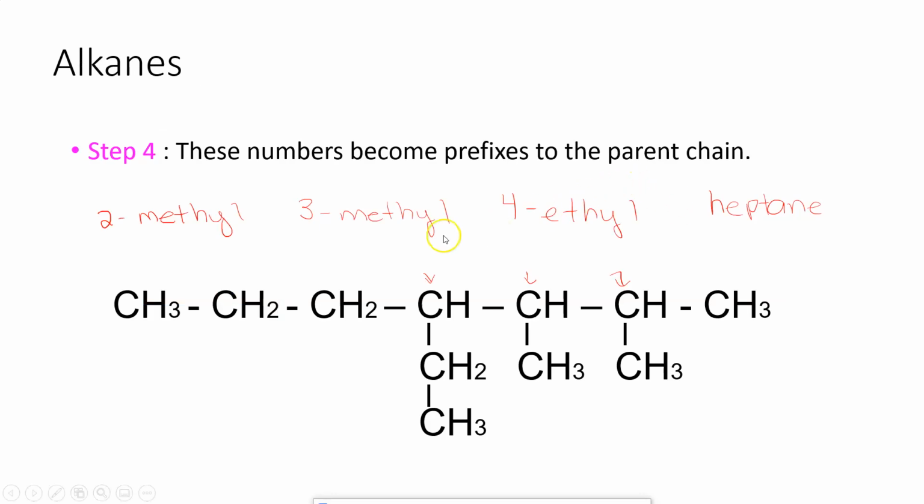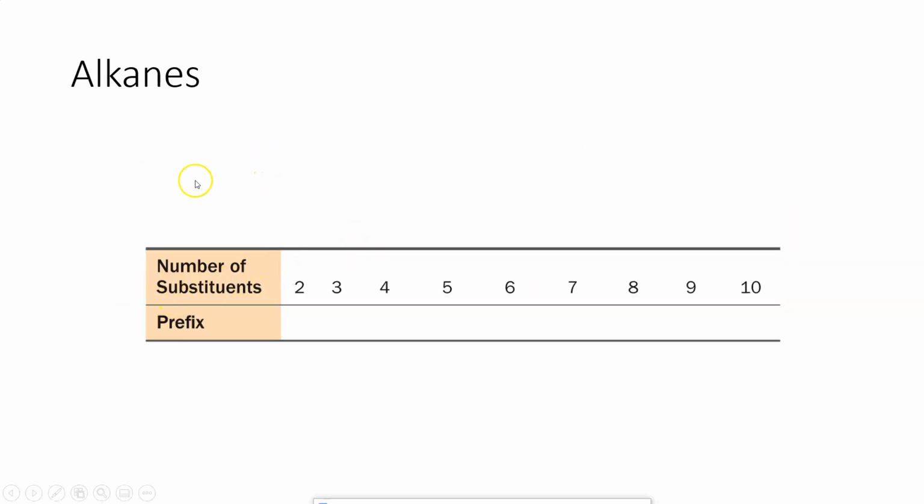Now, in this case, if you see, I have 1 methyl here and another methyl here for a total of 2. I am not going to say 2-methyl, 3-methyl. I have to use another prefix. So, if I have 2 of the same substituents, I'm going to add the prefix di, meaning 2, right? If I have 3, I'm going to add the prefix tri, right? For 4, I'm going to add tetra.